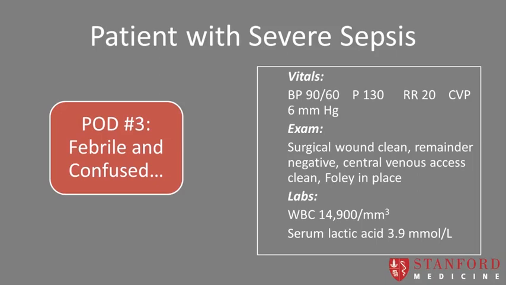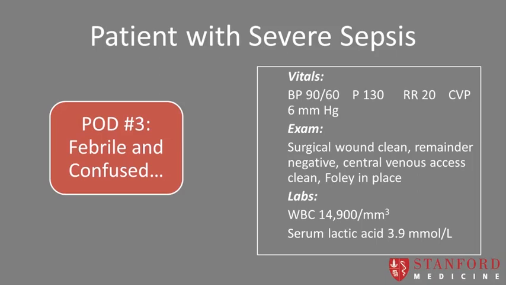On examination, there was no evidence of infection of the surgical wound and no other evidence of a source of possible infection. The central venous access site appeared to be non-infected. It was noted that a bladder catheter was in place.